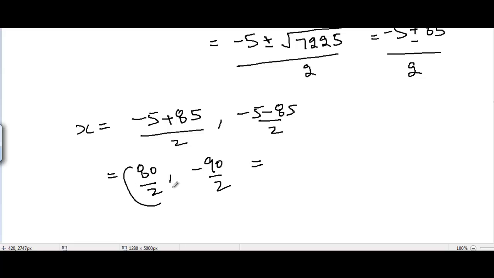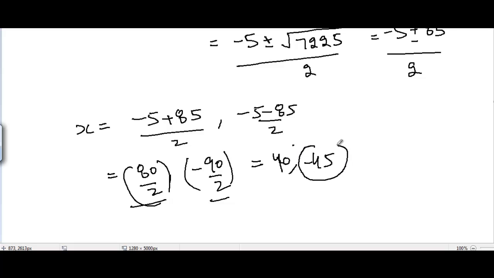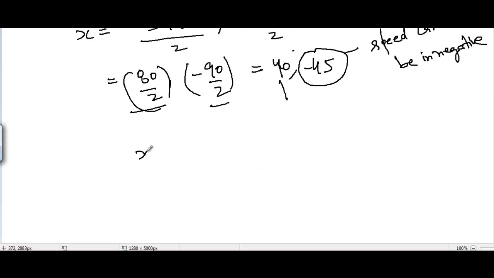So from here we get 40, and from here we get minus 45. We discard this value because speed cannot be negative. So we just consider this value 40. So x is equal to 40 kilometers per hour.